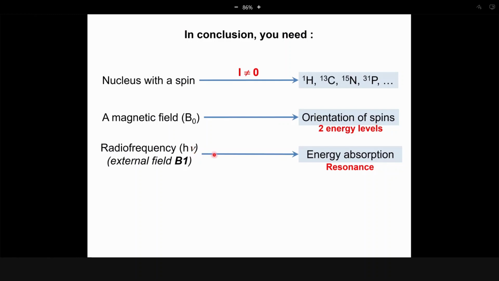So when we analyze the spectrum, we will have signals depending on the frequency of resonance. And if we can understand and interpret this frequency of resonance, we will be able to go to the chemical structure.